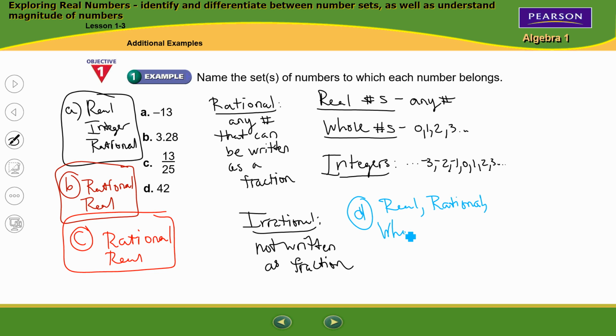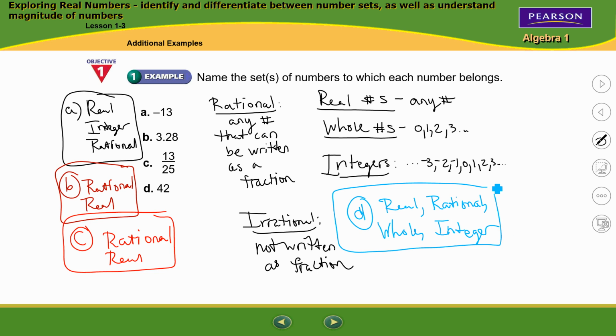It is also rational because it can be written as a fraction. 42 over 1 is a fraction. And if it's rational and it's whole, it is going to be an integer. Integers include whole numbers. So there you have it. Those are some examples of the different types of number sets.